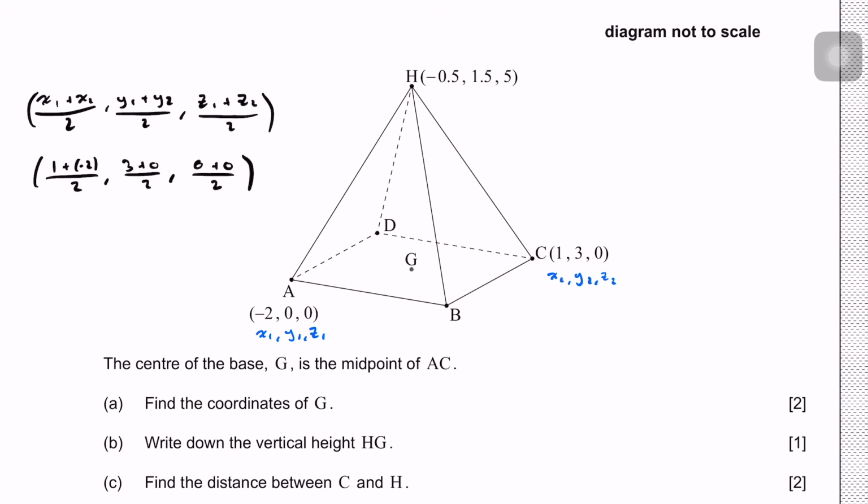Working this out, 1 plus negative 2, if you imagine you're adding negative 2 to 1, the negative wins out and we have negative 1 over 2. 3 plus 0 over 2 just becomes 3 over 2. And then 0 plus 0 is just 0 over 2, or simply 0. All right, so that would be our midpoint between A and C, and that would give us point G.